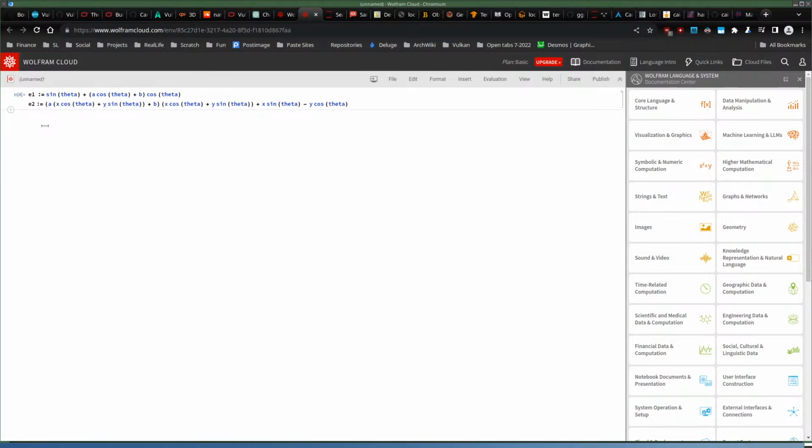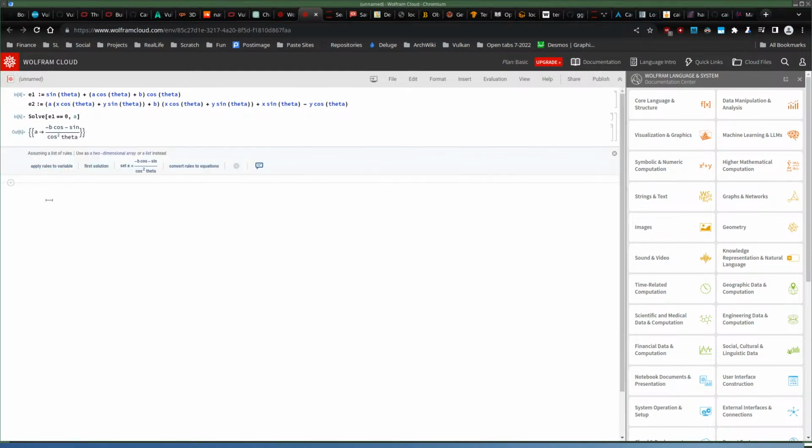Okay, we just begin with the first one. So I'm going to say solve E1 equals 0 for theta. No, for A. Actually A or B, you know. Which one looks better, maybe?